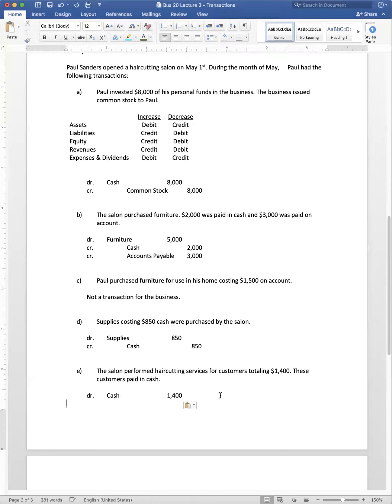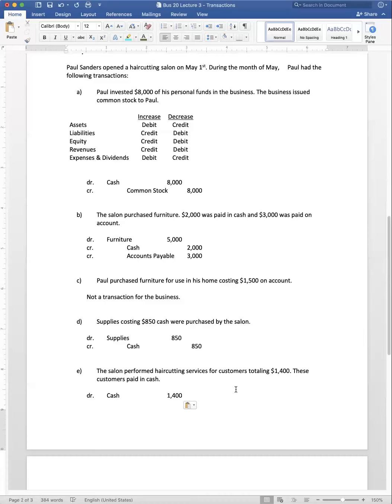All right, now what's the other side? Well, the other side is here. The salon performed haircutting services for customers. Now, we talked last lecture, what does it mean when we say that the company is performing services or doing work for a customer? Well, whenever the company does something for a customer, they're doing it because that entitles them to payment.